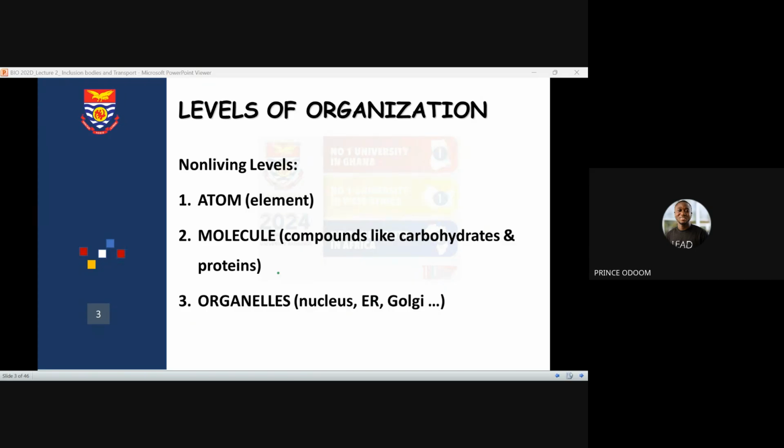Anybody to help us? Nobody to help us with the definition of a molecule?